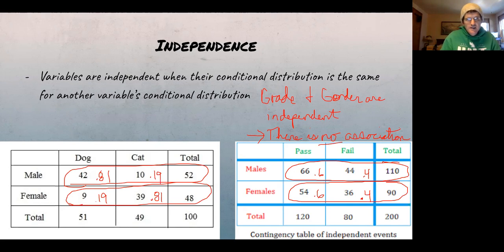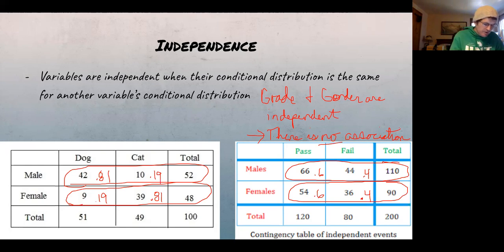So if I told you this person has a favorite animal as a cat, then according to this data, you would probably be thinking, it's most likely a female, because these are not independent.